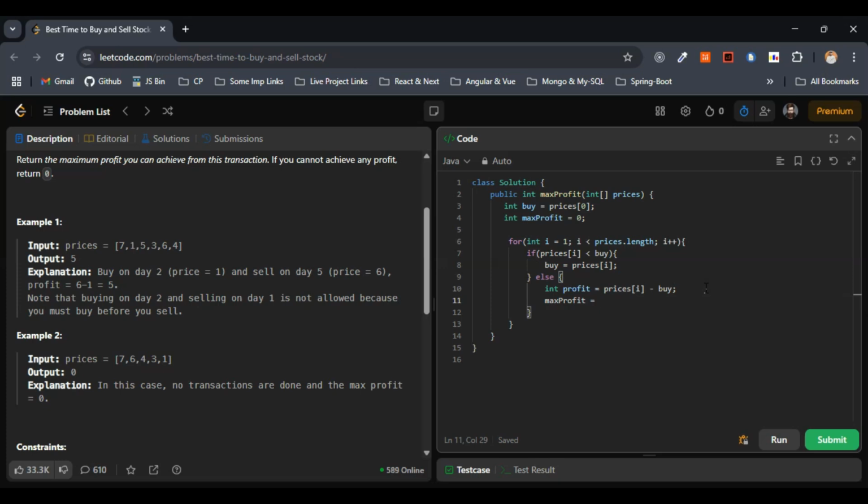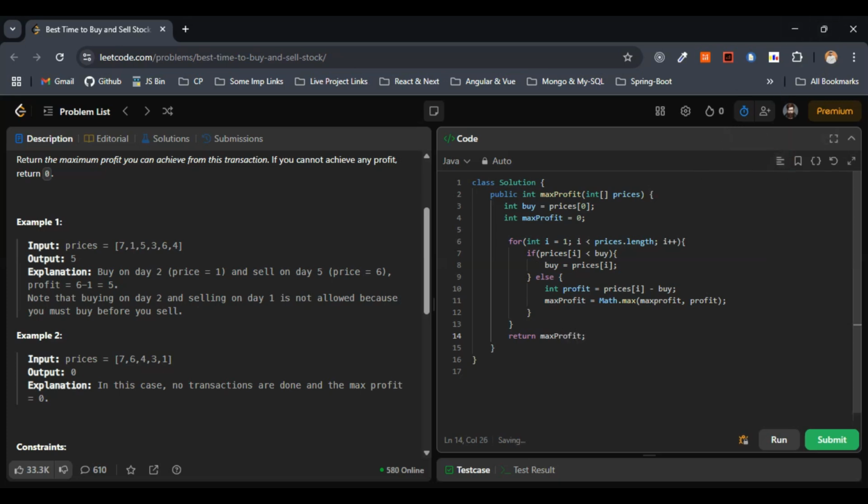So here maximum profit equals Math dot max of max profit comma profit. This is fine. So finally what we need to do is return the maximum profit that we found. So this will be return max profit. I hope this part is clear.